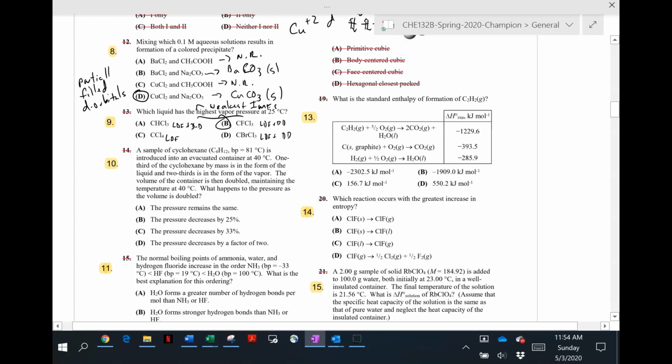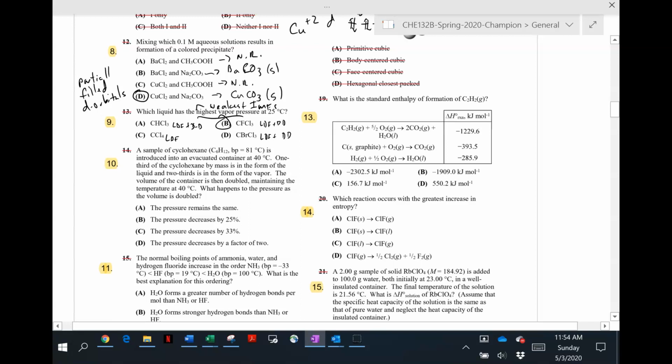All right, so we're looking at problem 10, renumbered there. A sample of cyclohexane is introduced into an evacuated container below its boiling point. 1/3 of the cyclohexane is in the form of a liquid, 2/3 is in the form of a vapor. The volume of the container is then doubled, maintaining the temperature at 40.